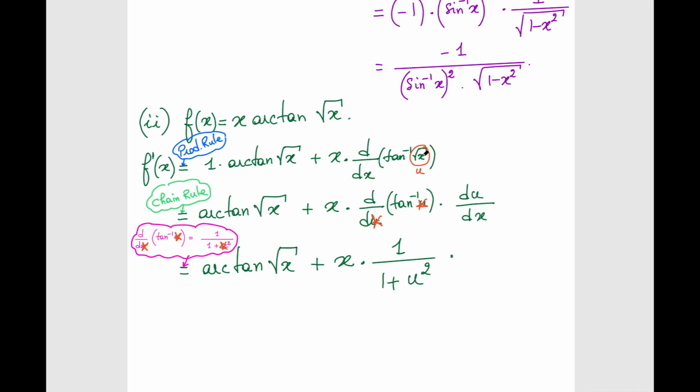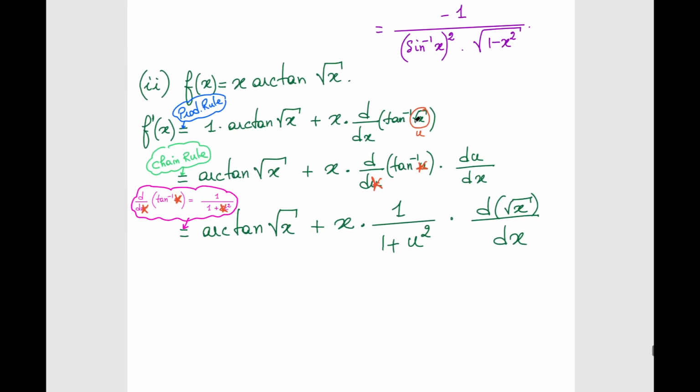And u is how much over here? It's square root of x. So d of the square root of x over dx. Okay, and don't forget what the u is, square root of x. So all in all, you get that this is arctan square root of x plus x divided by 1 plus the square of u, so the square of square root of x, times the derivative of square root of x with respect to x.